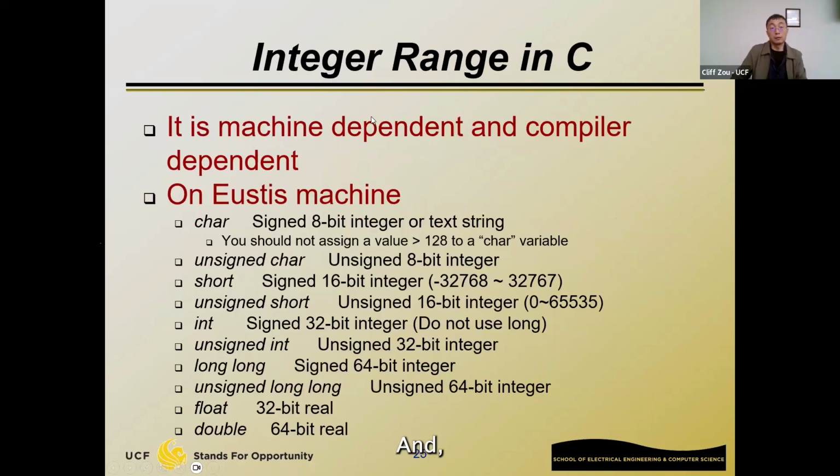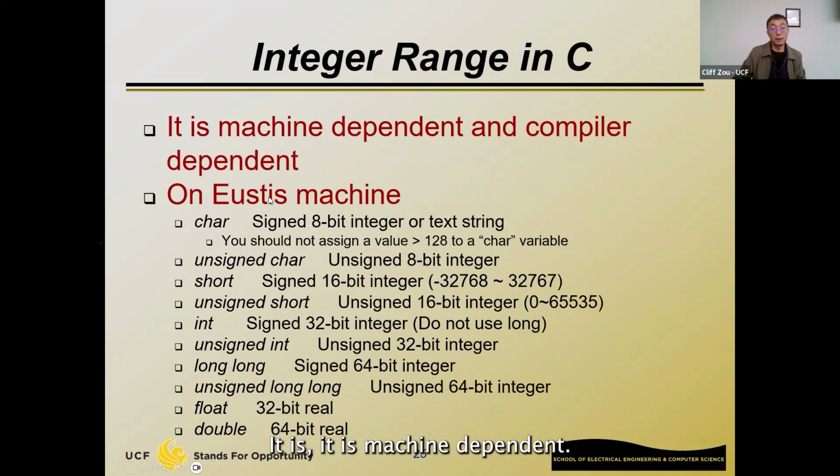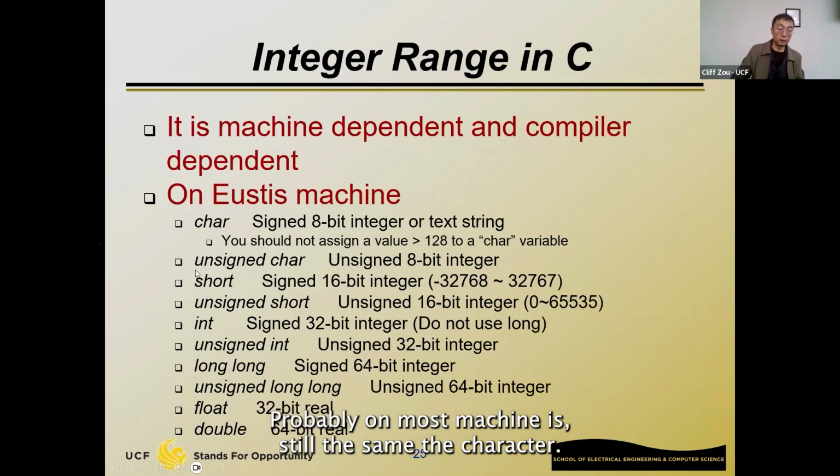And this implicit cast, it's because of the integer's size. Signed int and unsigned int have different sizes. It is machine dependent. For example, on most machines it is still the same.